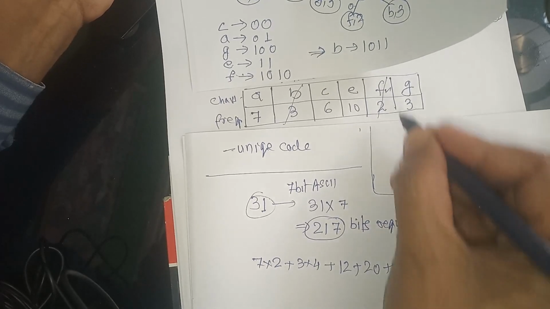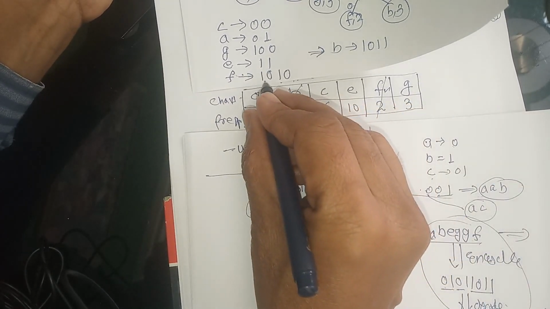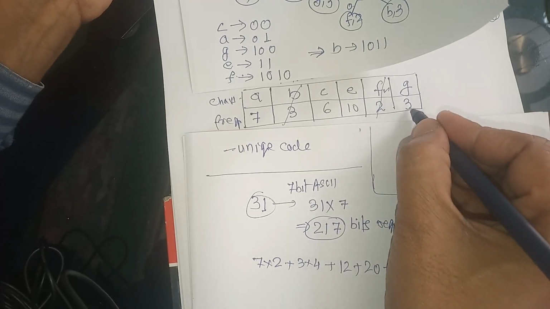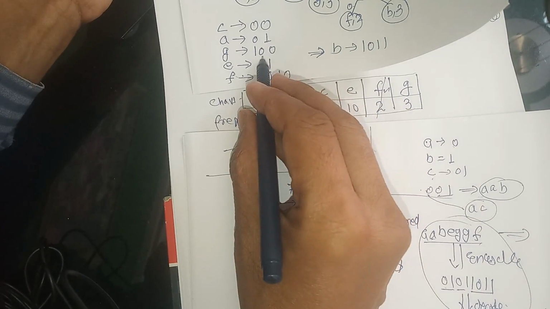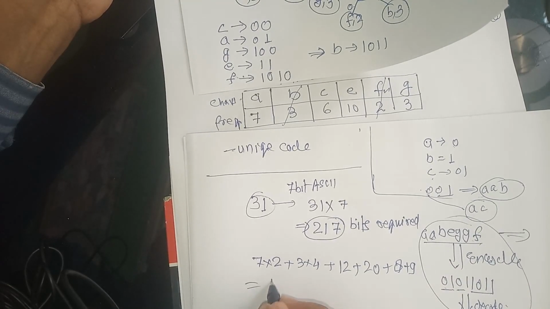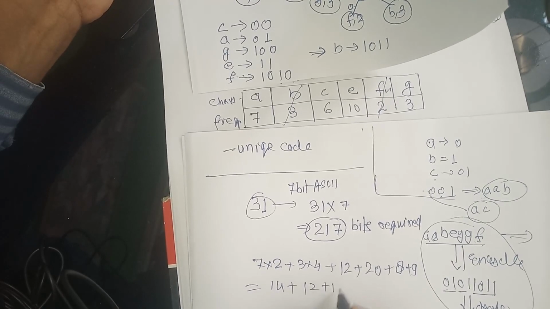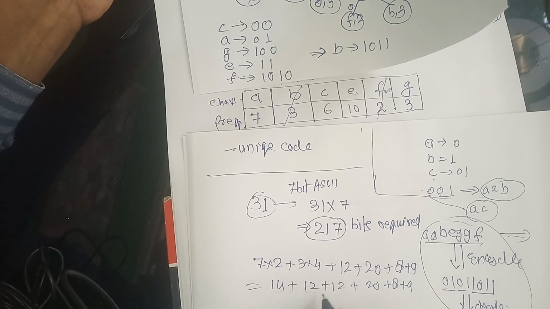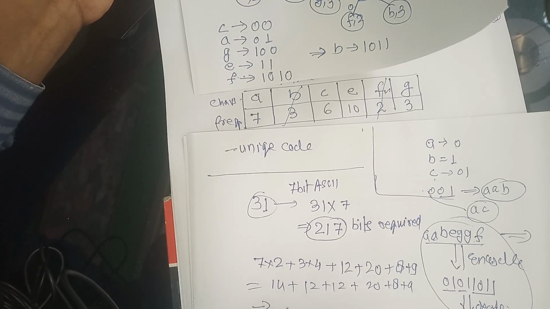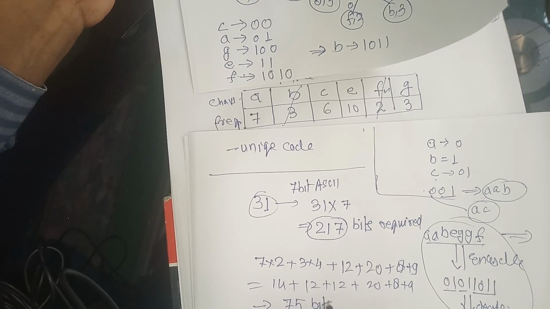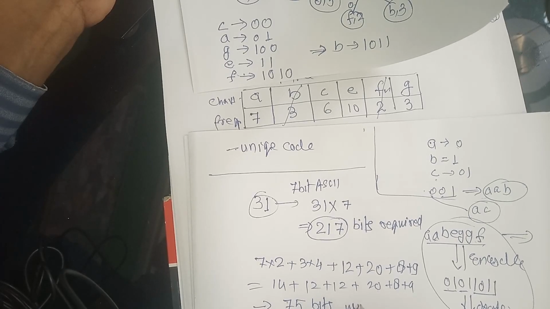For F, which requires 4 bits, 2 F's require 8 bits. For 3 G's, 1 G takes 3 bits, so 3 G's take 9 bits. We sum up 14 plus 12 plus 12 plus 20 plus 8 plus 9. This comes out to be 75 bits using Huffman.